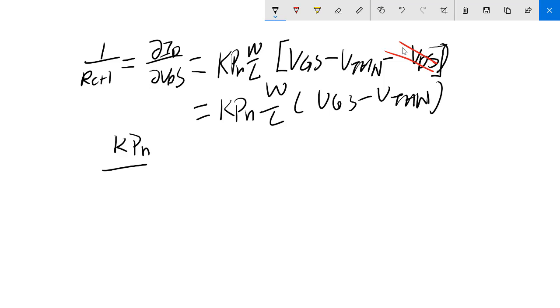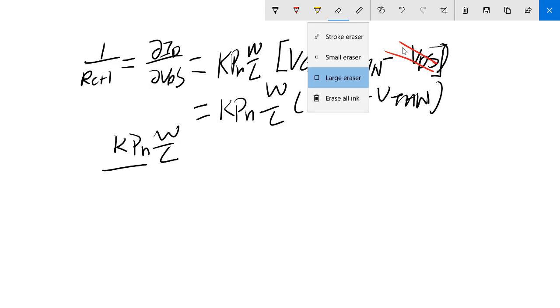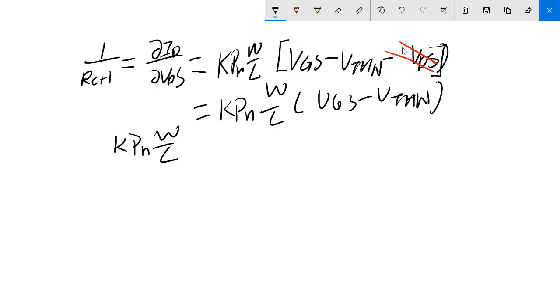We assume this part is beta n, just use beta n to denote it.